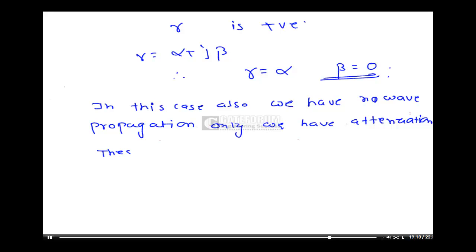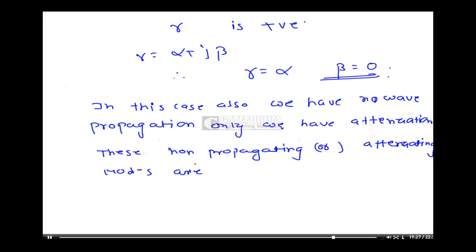So these non-propagating or attenuating modes are said to be evanescent modes.